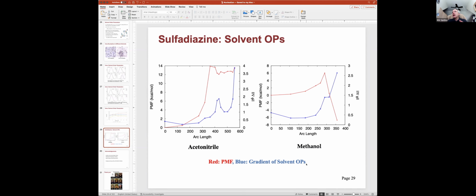In one case you see something that is just monotonic, which is what you see in methanol. In acetonitrile, it goes up, goes down, and then goes back up. It's hard to be specific about exactly what is happening, but what this is telling me is that there is some substantial rearrangement of the solvent in the vicinity of the nucleation event. That is happening in acetonitrile, but not so much in methanol.